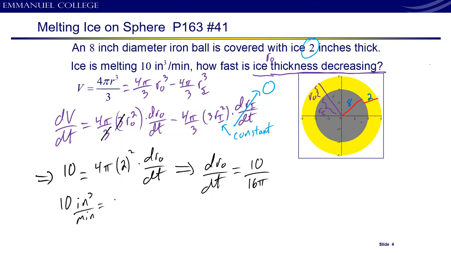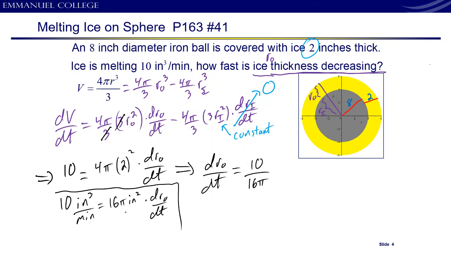And this is equal to, if I go ahead and multiply it out, 16 pi inches squared times our dR0/dt. So notice when you divide here, you would have inches cubed per minute, and then the inches squared goes in the denominator.